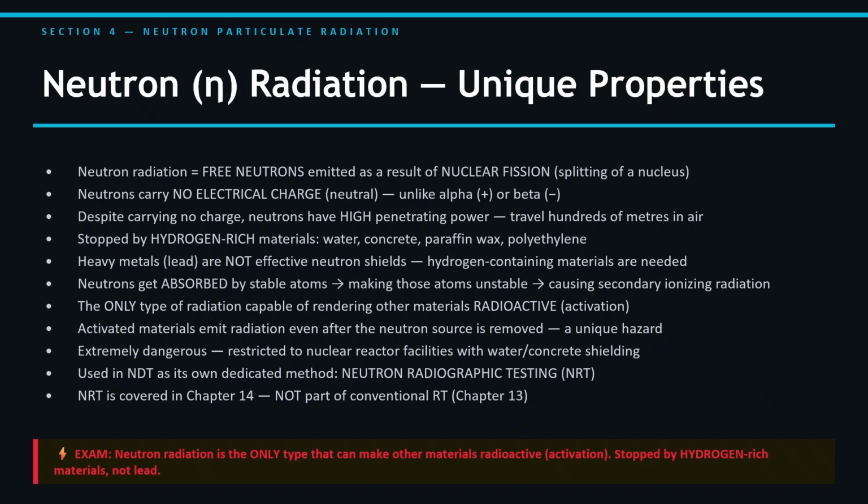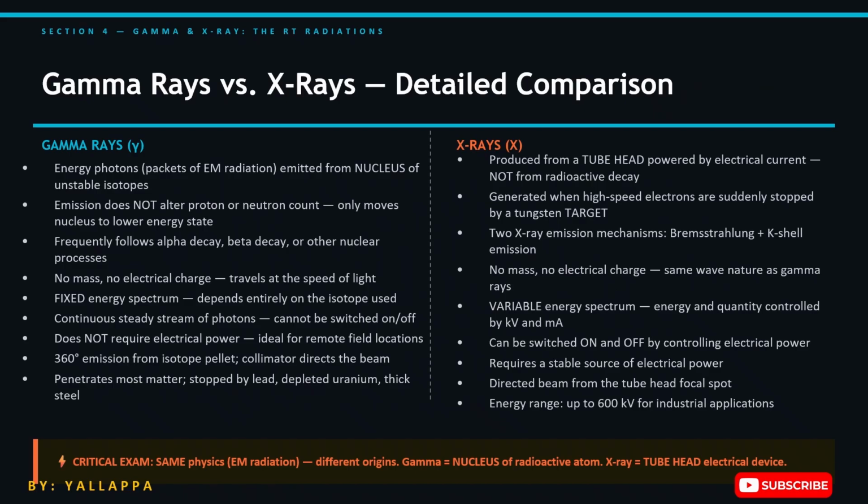Neutron: neutral particle, high penetration, hydrogen-rich shielding, and capable of producing activation. This is one reason radiation protection must always be based on the actual radiation type and energy, not simply on the word radiation.